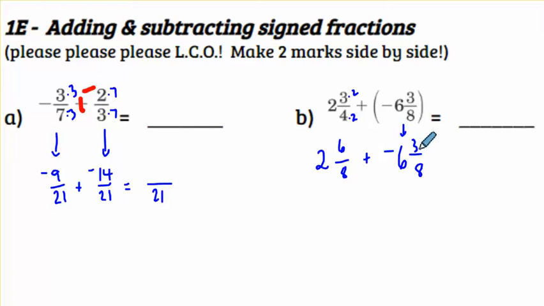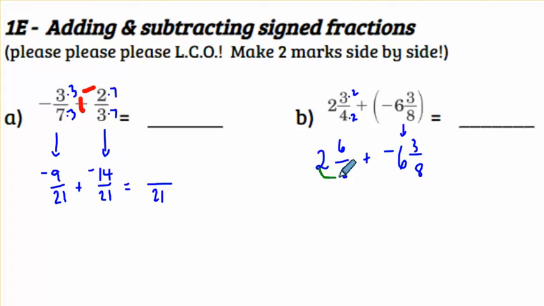Which means that if we do that, this would need to come first on the paper. We would need to subtract. We're going to have to borrow, which means we have to borrow from the whole number, change the fraction, and this is why I really prefer to change these into improper fractions. So let's go ahead and do that, and hopefully you'll see why I think this is helpful.